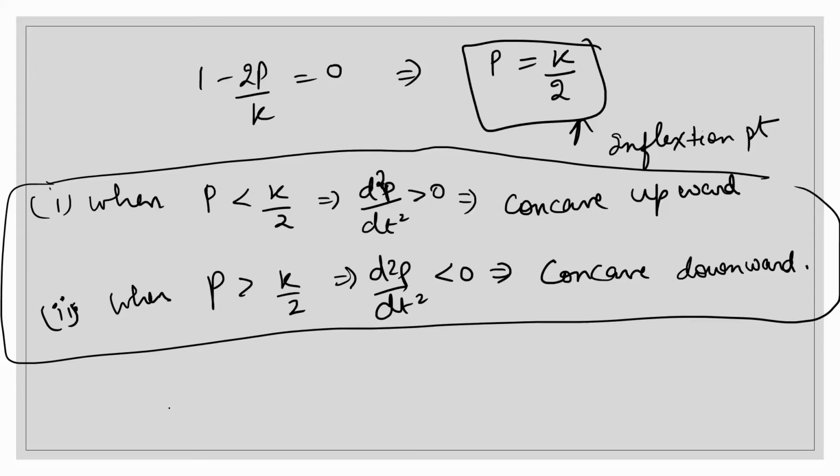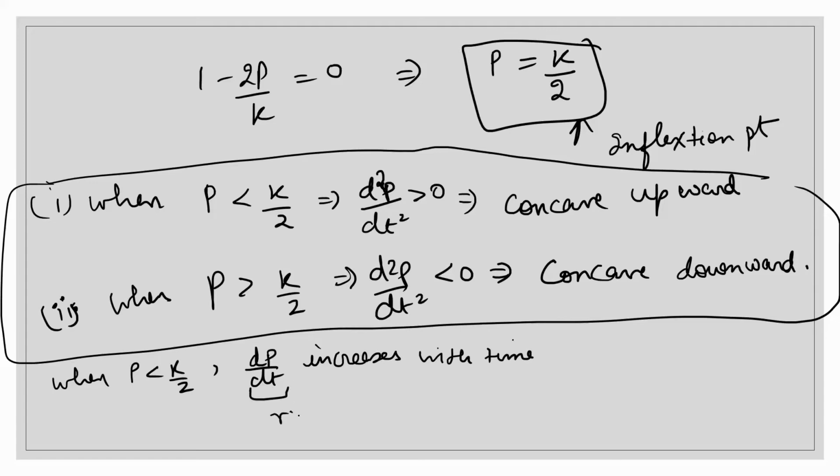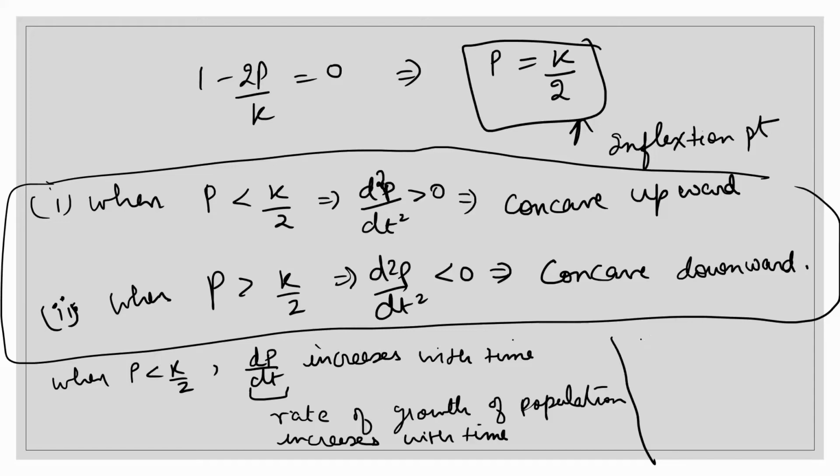Like if I write the analysis, what it is giving, that when p is less than K by 2, then dp by dt increases with time. That means that the rate of growth of population increases with time. And when my p is greater than K by 2, then the rate of growth of population decreases with time.